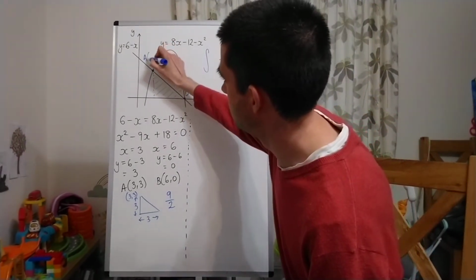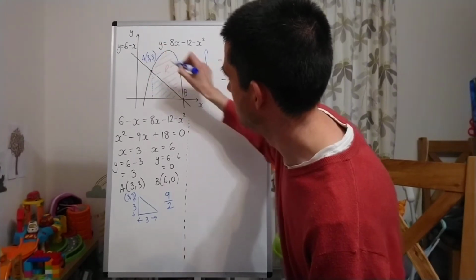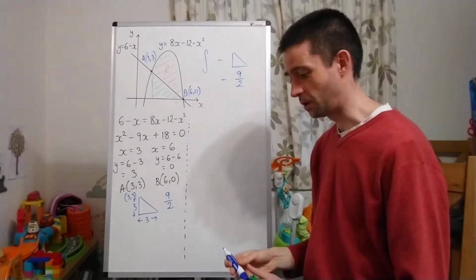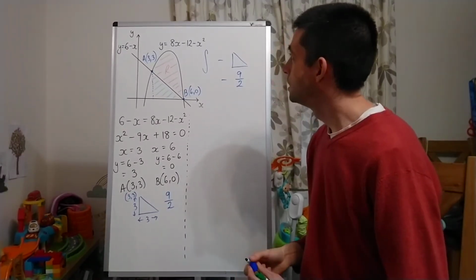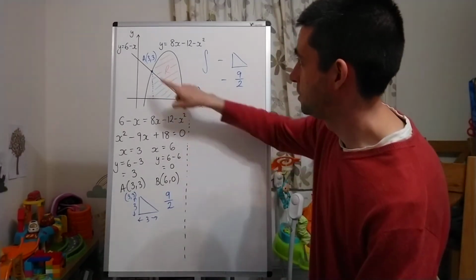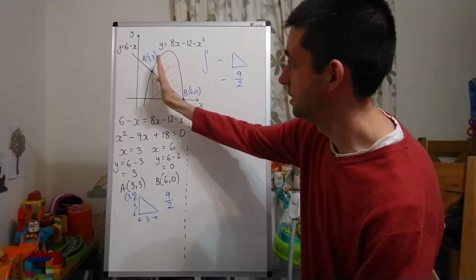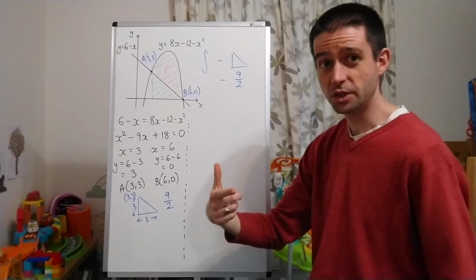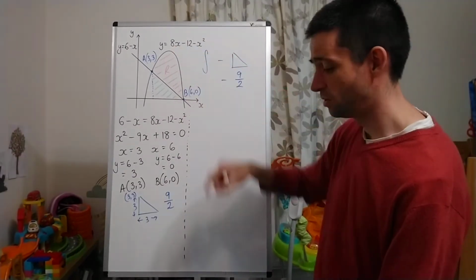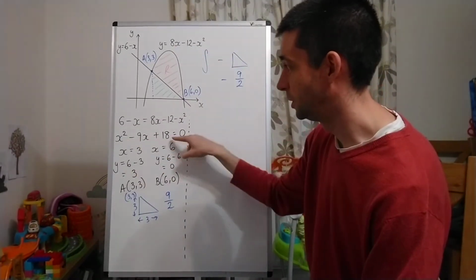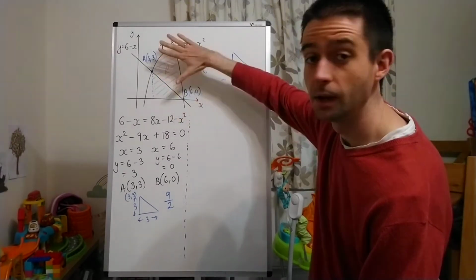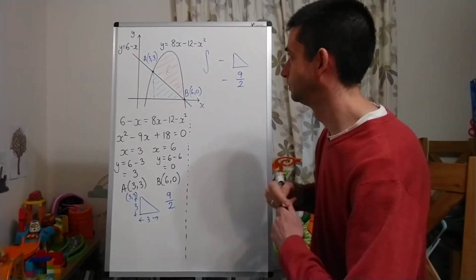I can also add in to my sketch the labels for those two coordinates, as I now know what they are. Now I'm going to be integrating between 3 and 6 to find this area here. The equation that I want to integrate is the equation of the original curve. Remember, don't look at this one, look at the original curve because that's the curve I'm trying to find the area between the curve and the x-axis.